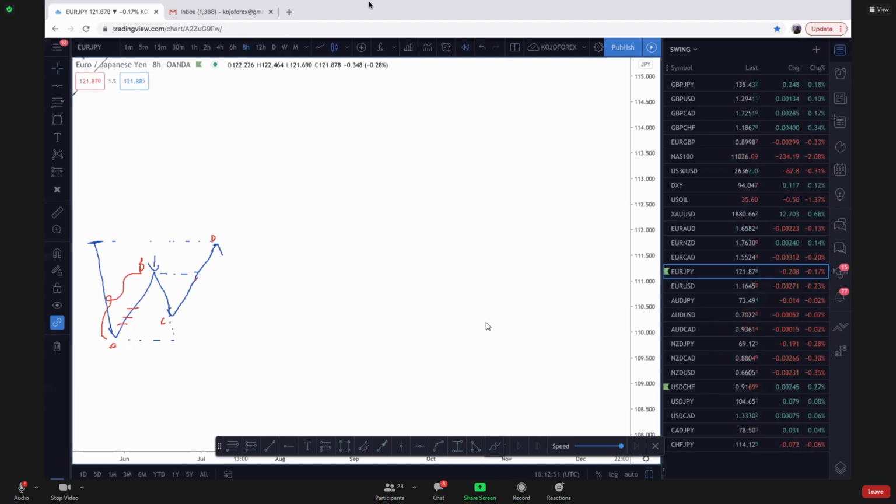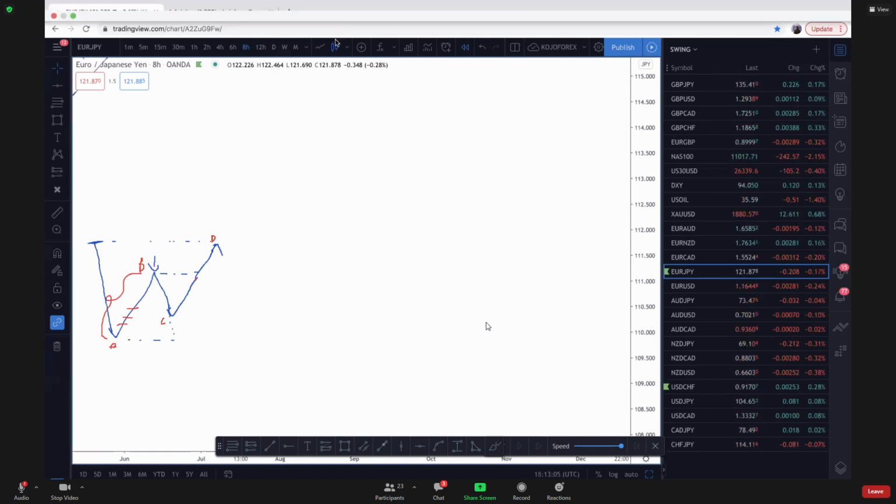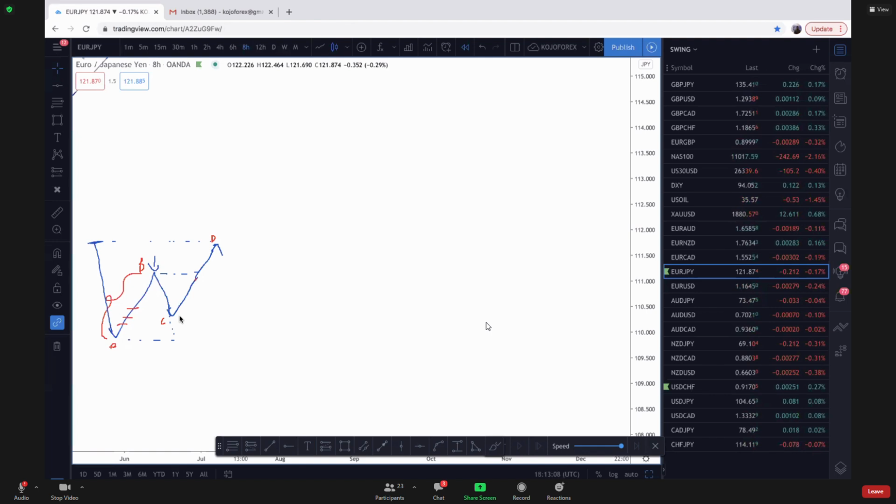That's why I said that my strategy allows me to catch trades at the beginning of a swing point or at the beginning of a trend. So what I mean by that is that if I say, okay, Kojo Forex community, buy Euro JPY from C and then take profit is somewhere here, you are just trading the swing point.